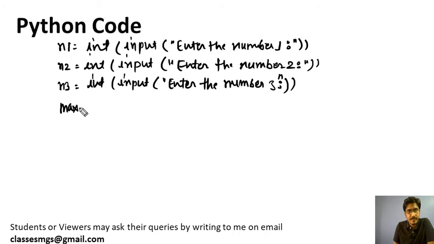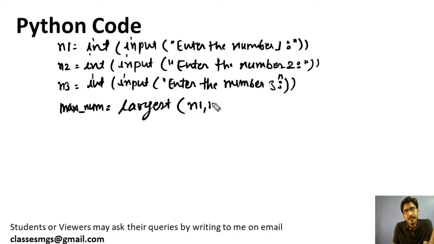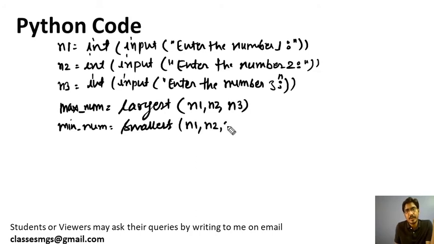Now we will call two functions. For the maximum number, I will call a function, let's suppose largest, and we will pass n1, n2 and n3. And for the minimum I will call a function smallest with n1, n2, n3, and then we will print.